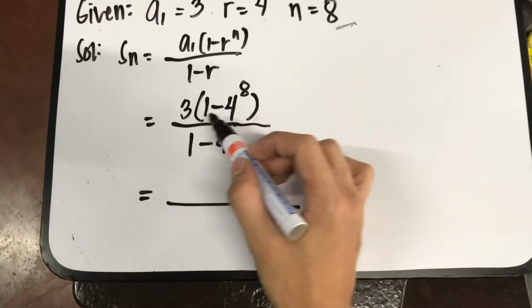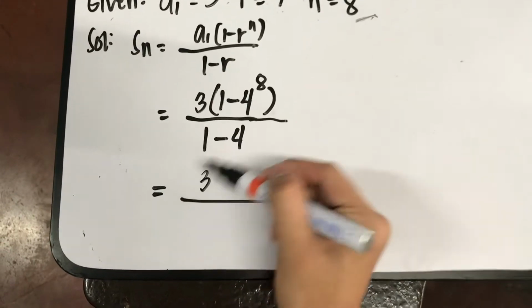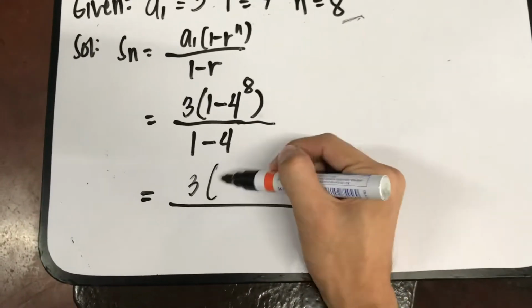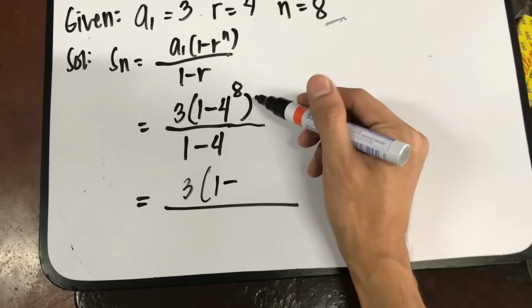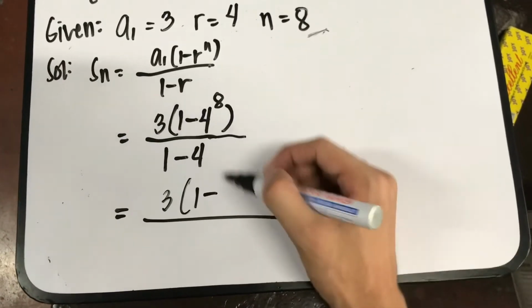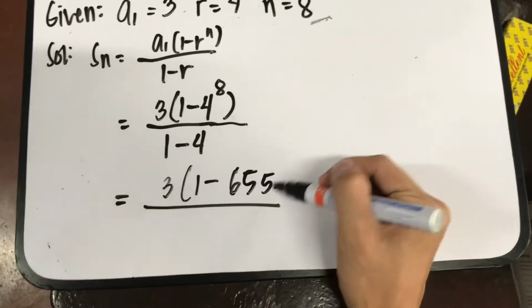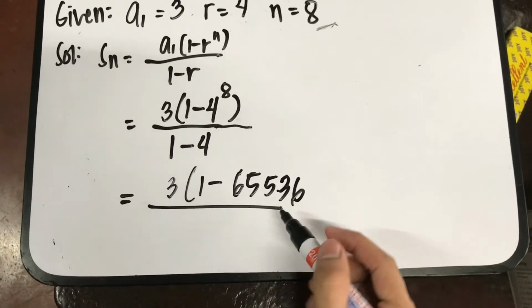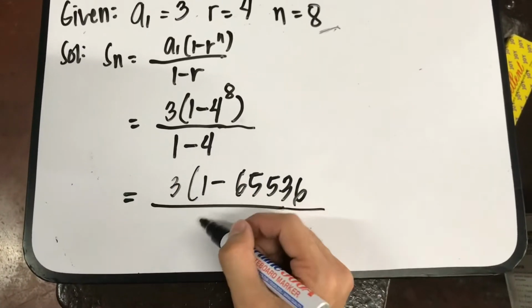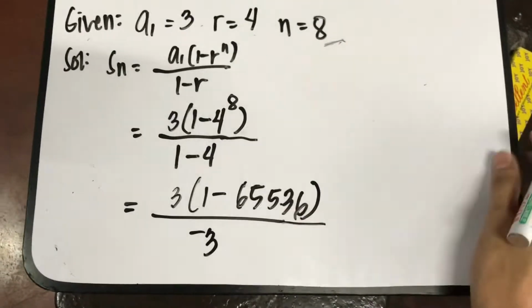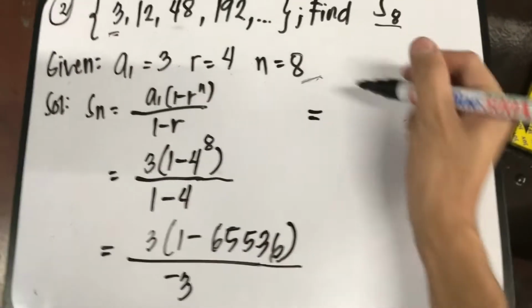Now, solve natin. So, we have 1 minus 4 raised to 8. So, kunin muna natin yung 4 raised to 8. And 4 raised to 8 is equal to 65,536. Okay, and 1 minus 4, that is negative 3. So, let's continue.